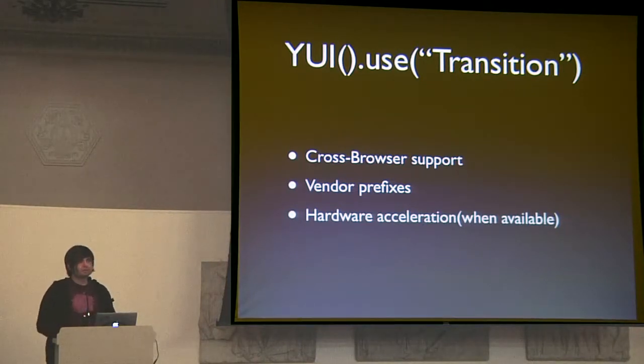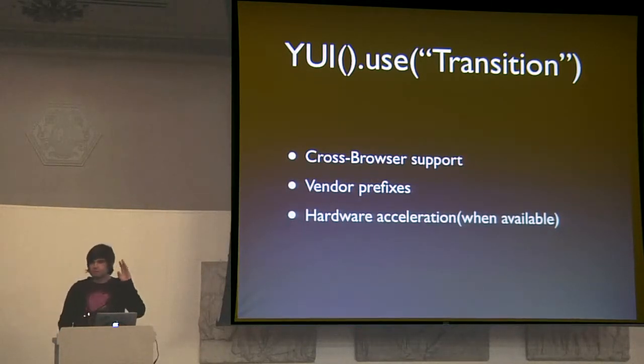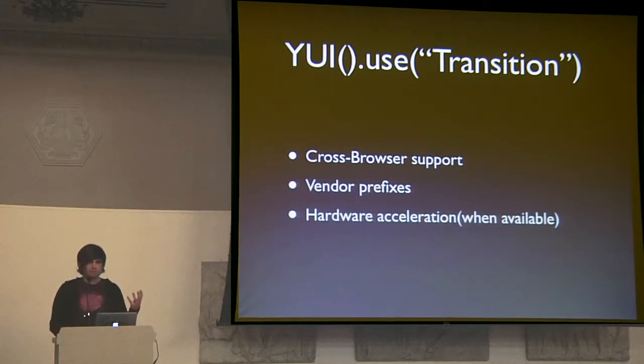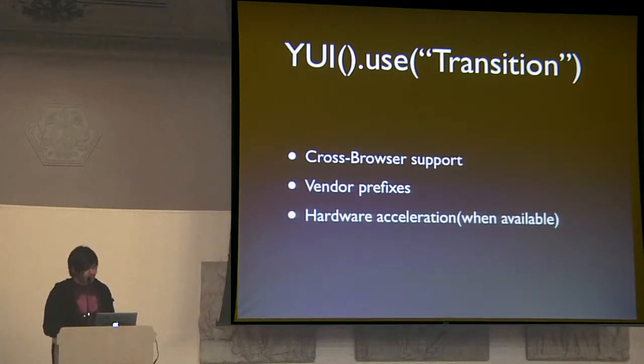Let's say you swipe or you flick, and then you want to navigate to the next page, and you want to show some sort of feedback to the user that you're navigating. The transition module will do that for you. Again, it will do all the cross-browser stuff, and if hardware acceleration is there, it will use it.